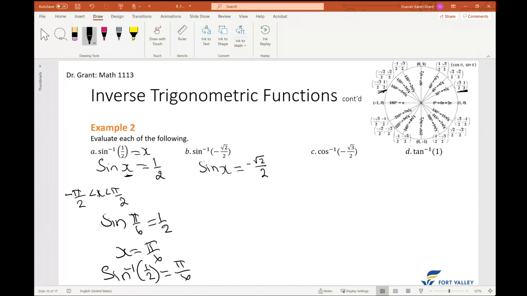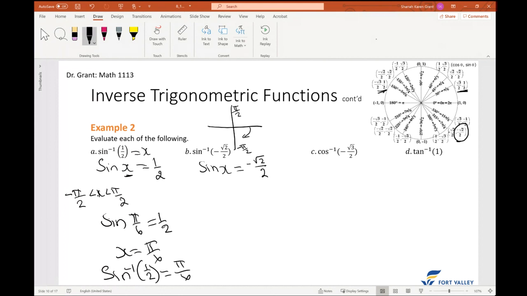Okay, sine negative root 2 over 2. That's only this option here. Recall that up here would be pi over 2, and down here would be negative pi over 2. So if I'm going down in this direction, I'm going clockwise, so I have a negative angle.